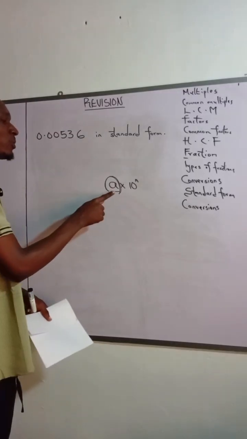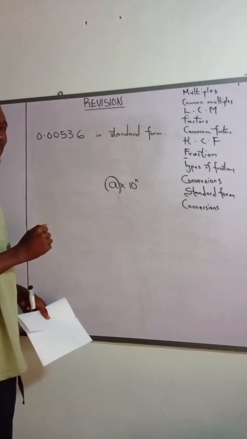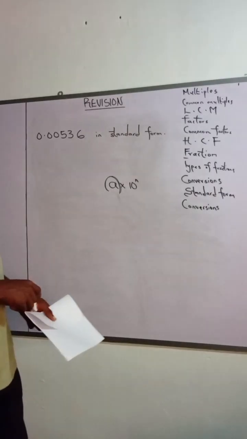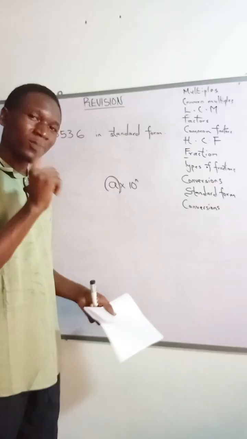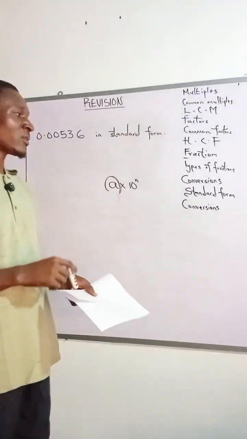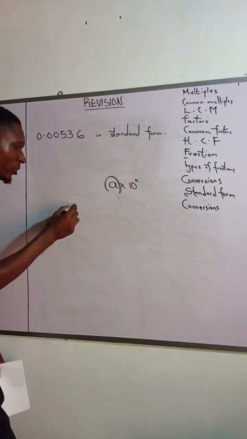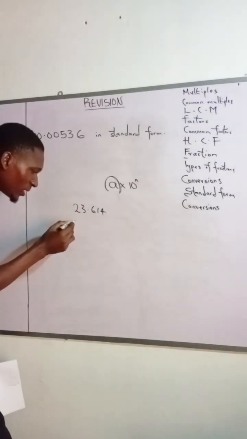So it must be at least 1 and smaller than 10. So when we are doing that, we move our point, and make sure that there is only one number before the decimal point. When you are writing your standard form, you don't write 23.614. No, it must be only one number.